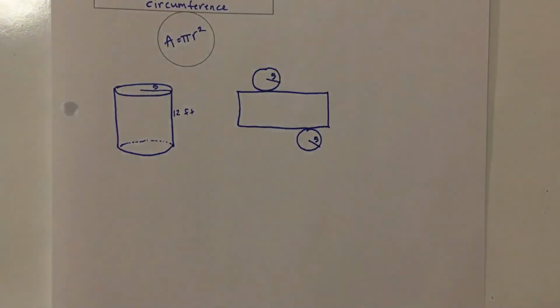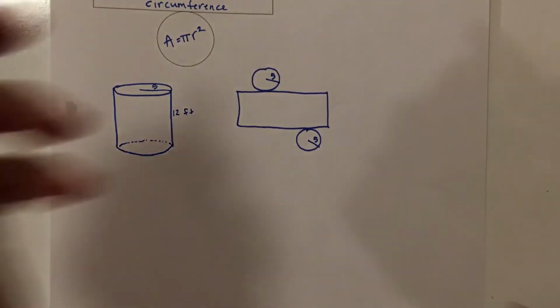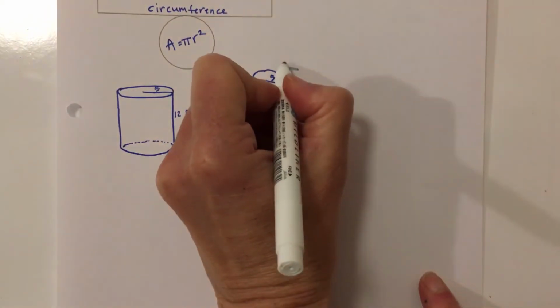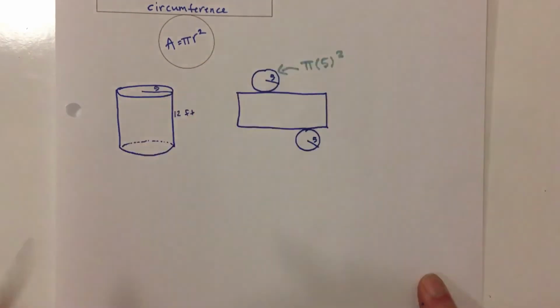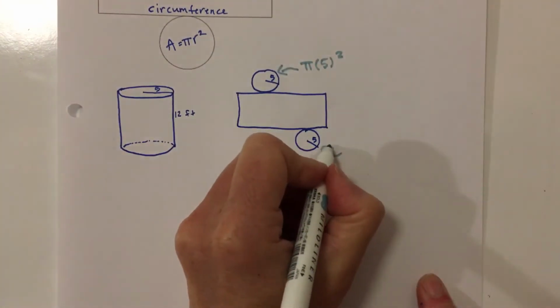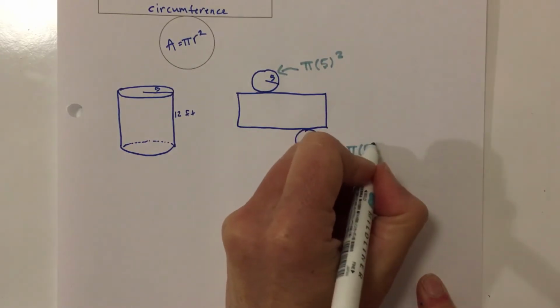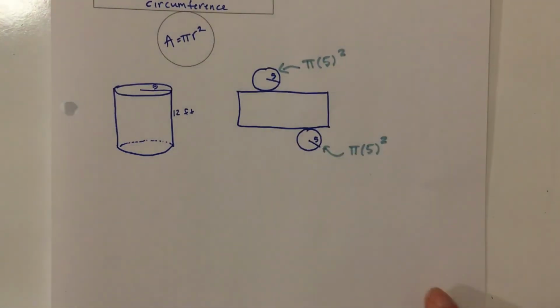Okay, so the nice part is the circles are usually the parts that people feel pretty comfortable about because we've been studying that. The area of this part right here is going to be pi r squared because it's a circle. This is going to be pi r squared because it's a circle. So the area of the top is 25 pi, the area of the bottom is 25 pi.